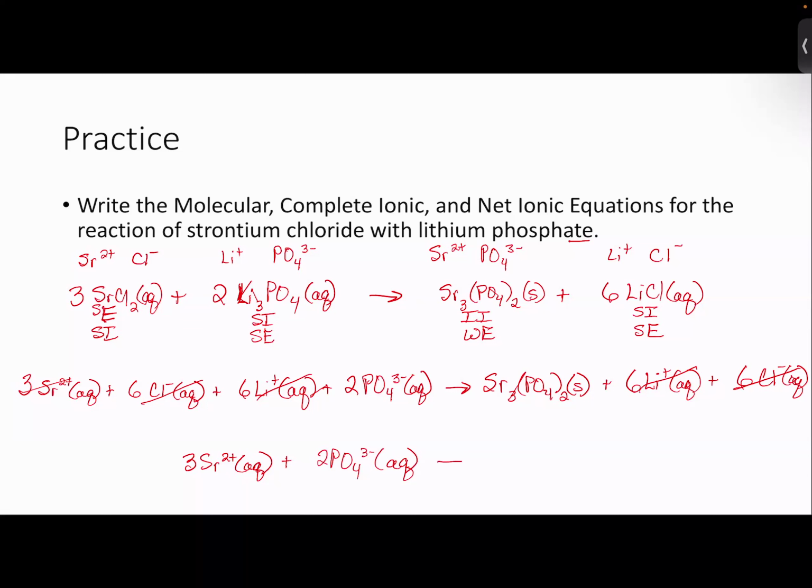And once you get through the reactant side, anything that you haven't discarded on the product side would come down as well. So this literally says that what's going to happen in the reaction is the strontium is going to combine with the phosphate to make a solid.